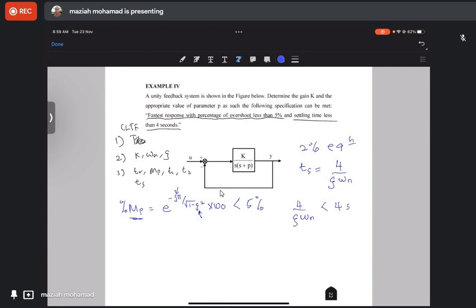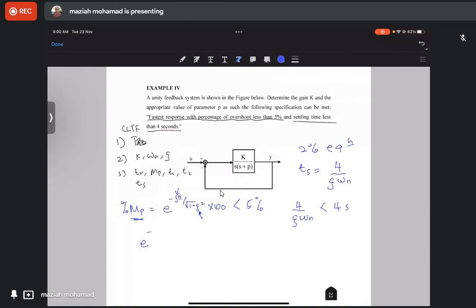But the settling time requires two parameters, zeta and omega n, and we have only one equation, so we cannot solve from settling time first. We need to solve from maximum overshoot first, then put it into the settling time equation, then we determine omega n.